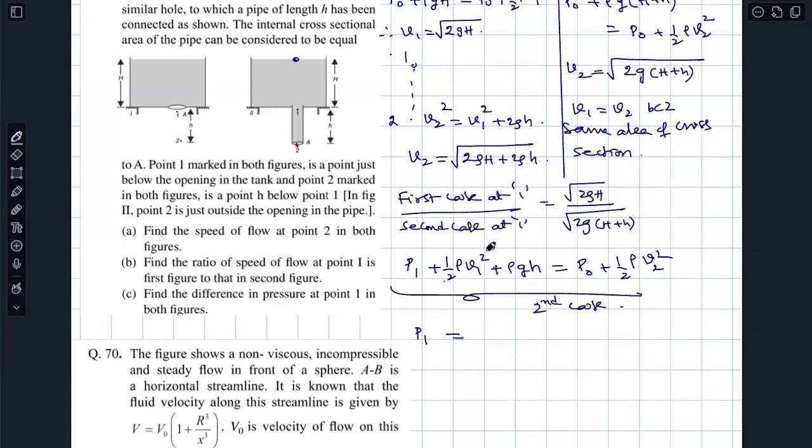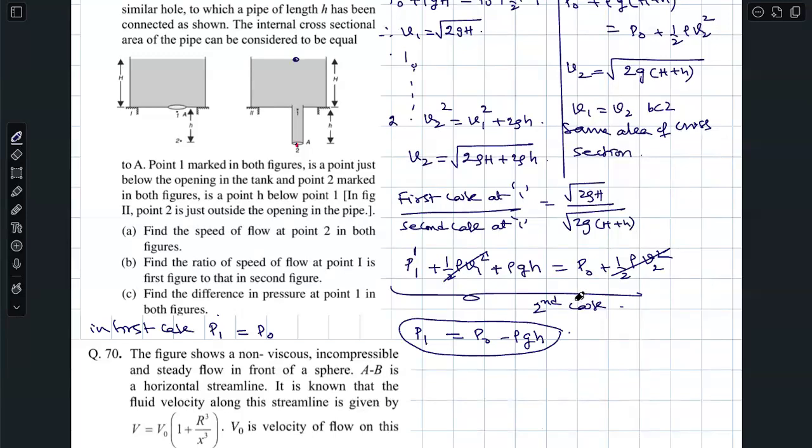In the first case, P1 is equal to simply P naught, open to atmosphere.